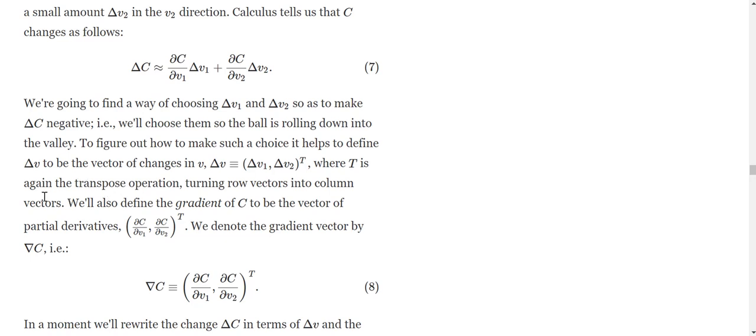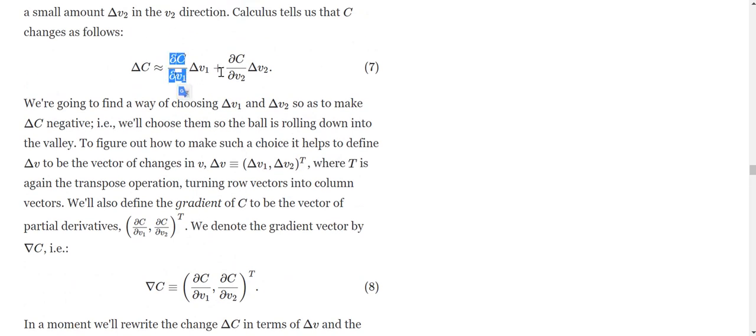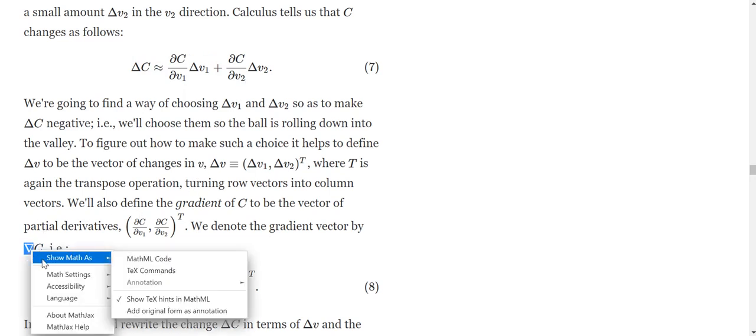We'll also define the gradient of C to be the vector of partial derivatives: the partial derivative of C with respect to V1 and of C with respect to V2. These two terms make up the gradient of C, and this is represented using this symbol.